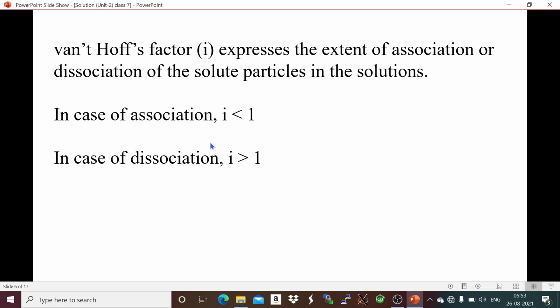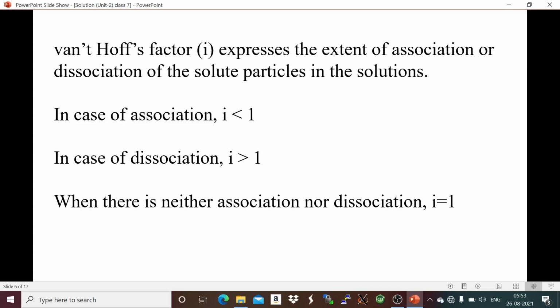After dissociation, the number of particles increases, so i is greater than 1 in case of dissociation. If i is 1, then there is no association and no dissociation. The solute particle does not undergo any association or dissociation, then i is 1.